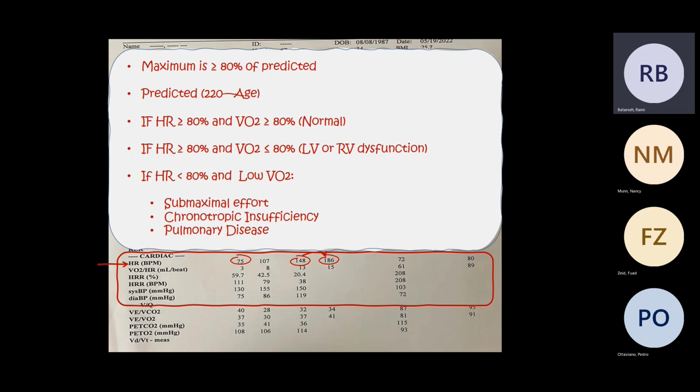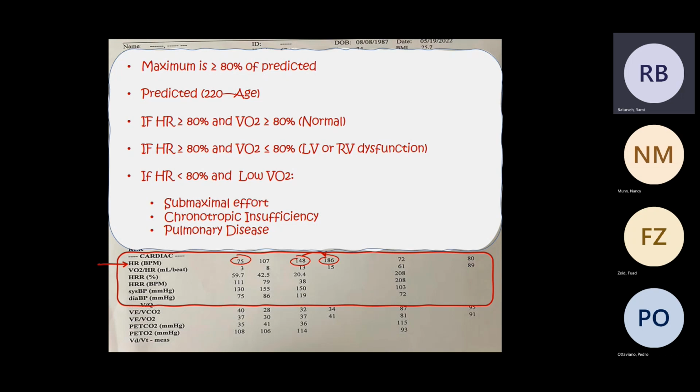So what is the importance of looking at the heart rate? When we look at the heart rate, we said maximum is more than 80% of predicted, and we have the calculation for the predicted. So if the heart rate is more than 80% and the VO2 is more than 80%, that's a normal test.